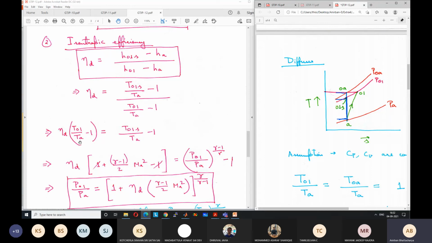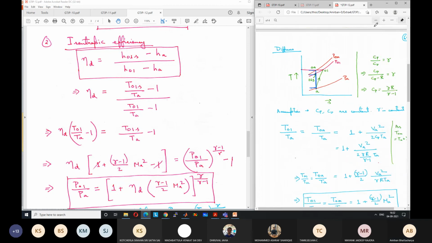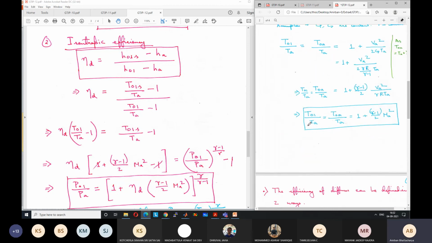What is T01 by TA? We have already obtained it today. T01 by TA is 1 plus (gamma minus 1) by 2 Ma squared, and this extra minus 1 is there, so the minus 1 and 1 get cancelled. So we have here (gamma minus 1) by 2 Ma squared into eta d on the left hand side.